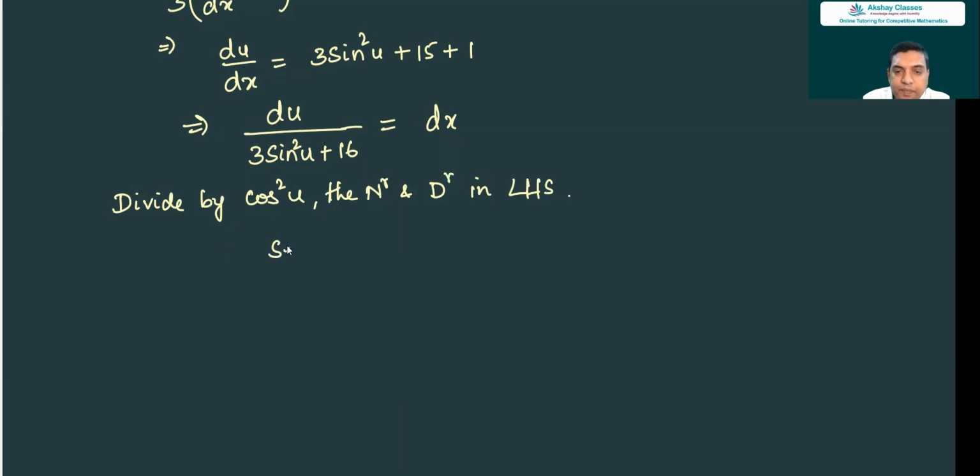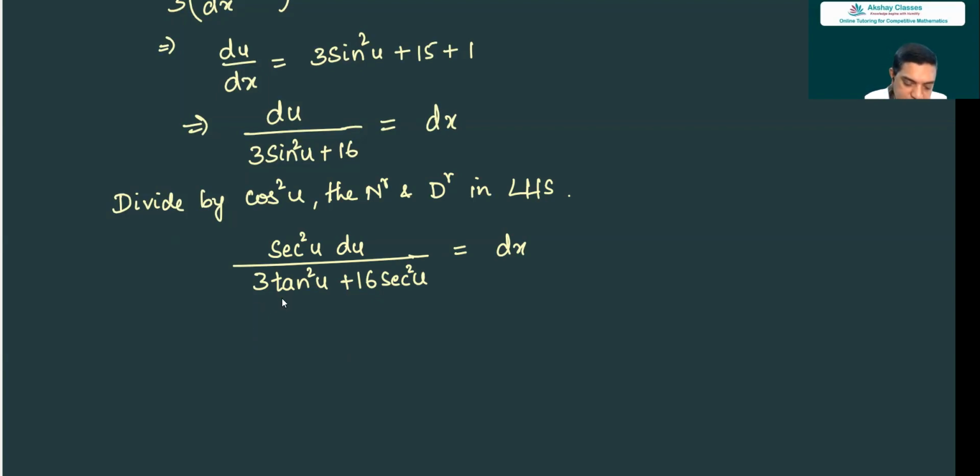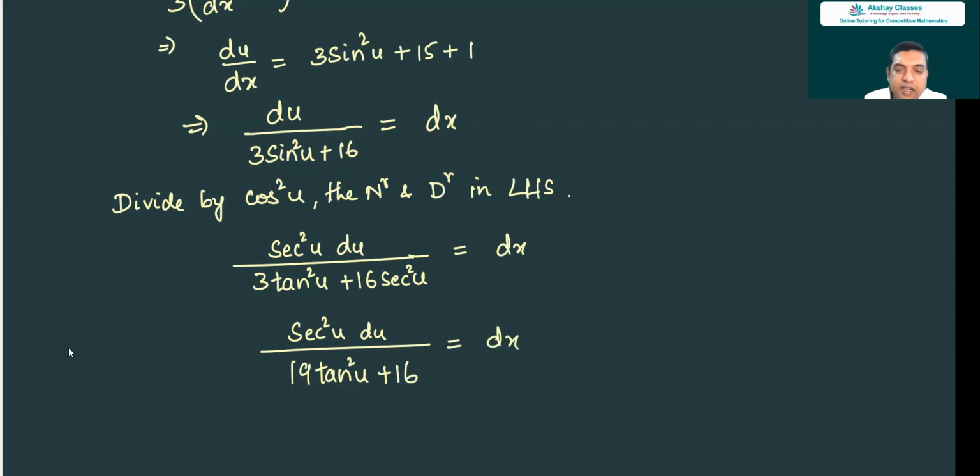So you get secant square u du upon 3 tan square u plus 16 secant square u. But 16 secant square u is 16 times 1 plus tan square u. So 16 plus 3, we get 19 tan square u plus 16 equals dx. Now we can integrate.